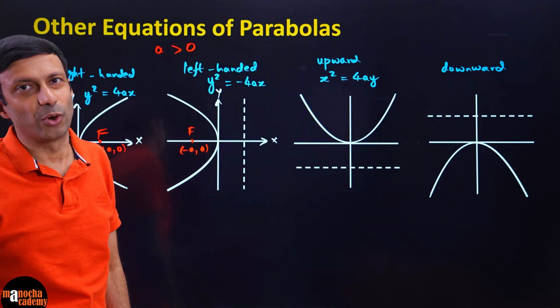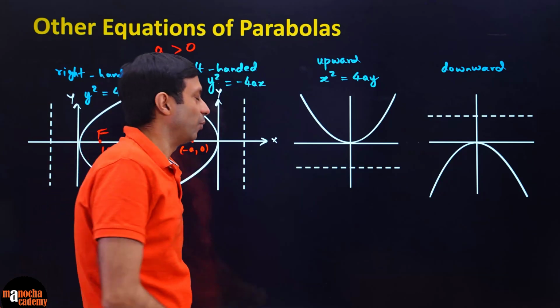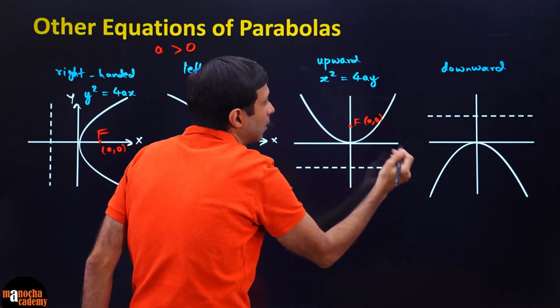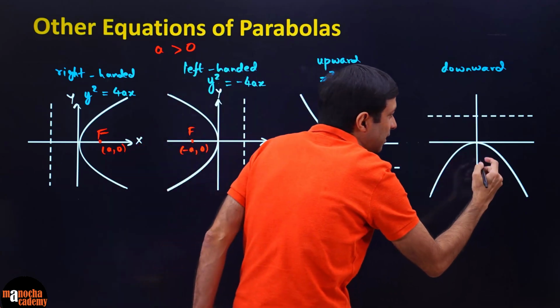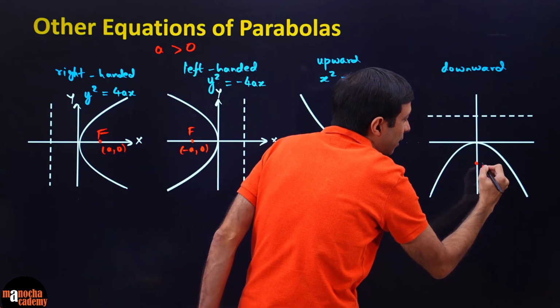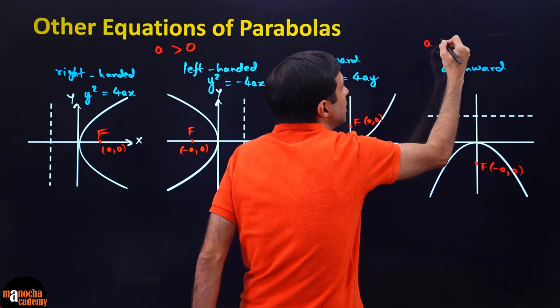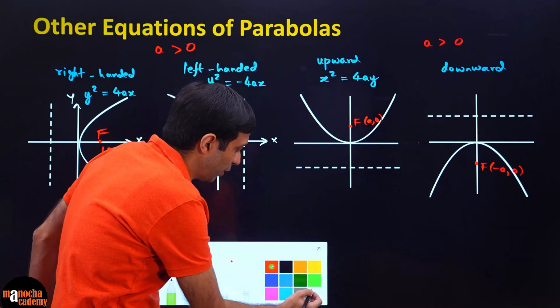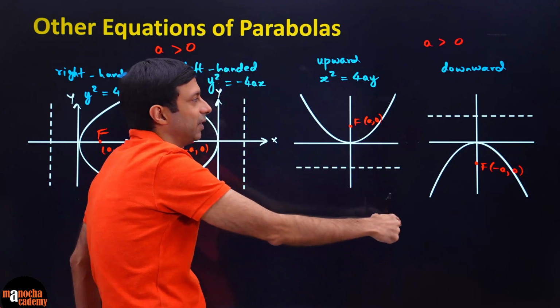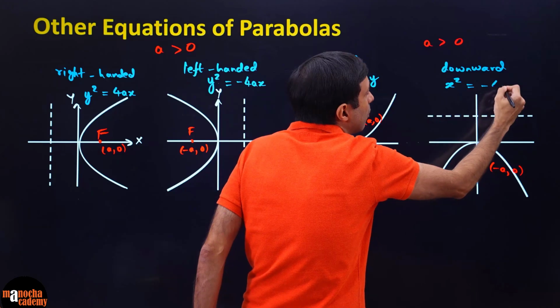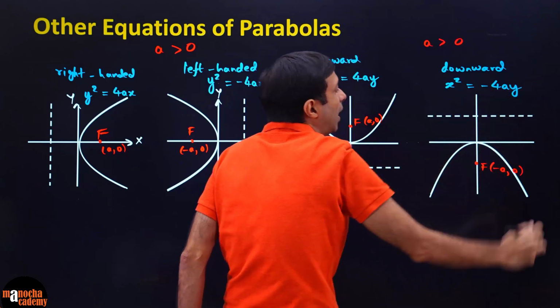For this one, remember, the focus is a comma 0. Where is the focus for this one? Inside the parabola, in the curved part. Minus a comma 0, because a should always be greater than 0, remember that. And the equation of the downward parabola will be x square equal to minus 4ay.